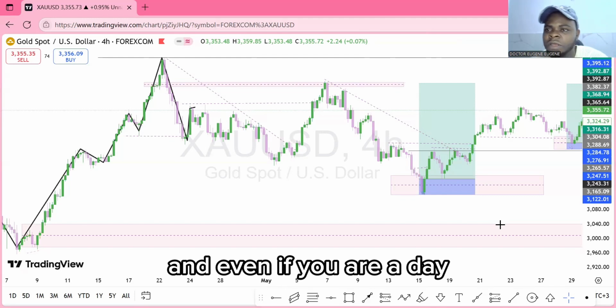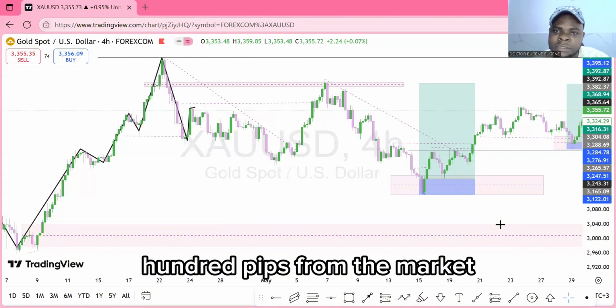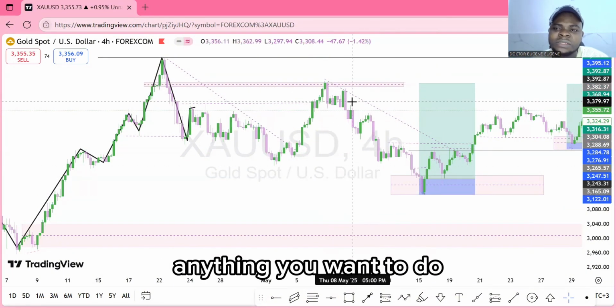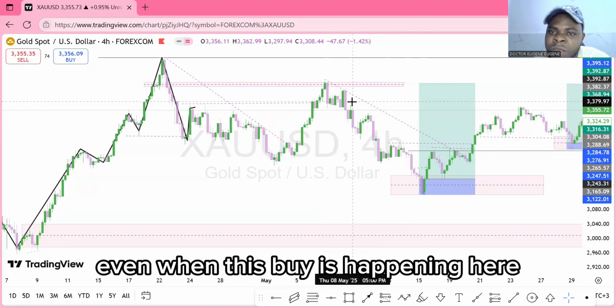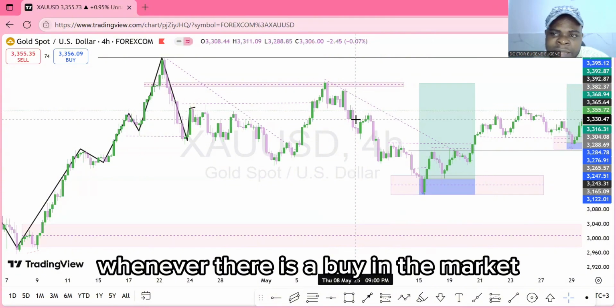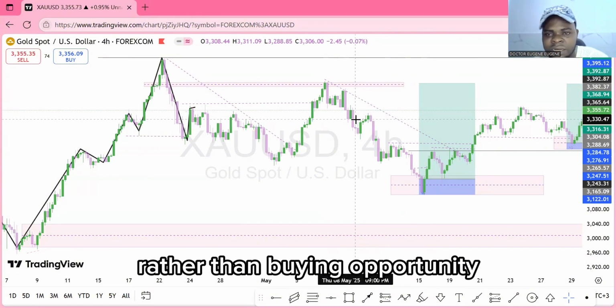And even if you're a day trader that only takes like 50 pips, 100 pips from the market, you will then know that anytime, even when this buy is happening here, you will be looking for sell. Whenever there is a buy in the market, you will be looking for sell opportunity rather than buying opportunity.